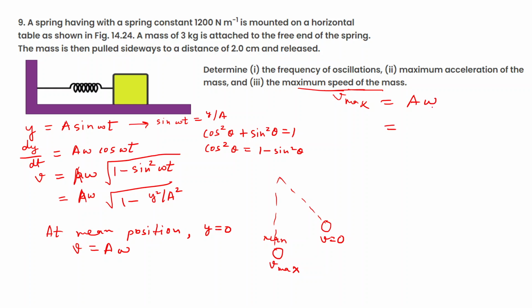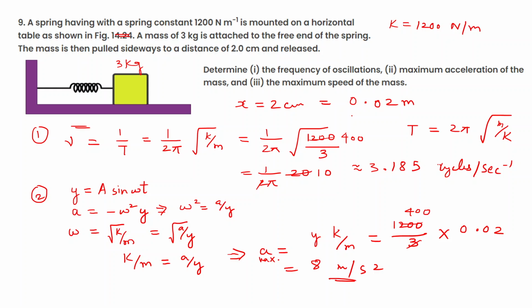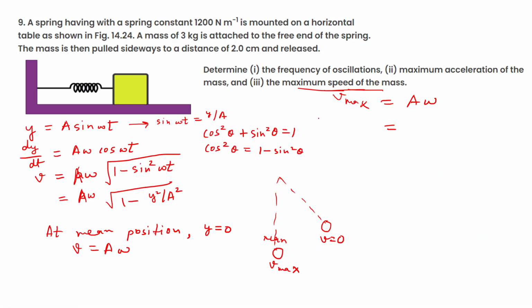So the amplitude, the maximum displacement, is actually given as 0.02 meter, and omega we know is root of k by m.